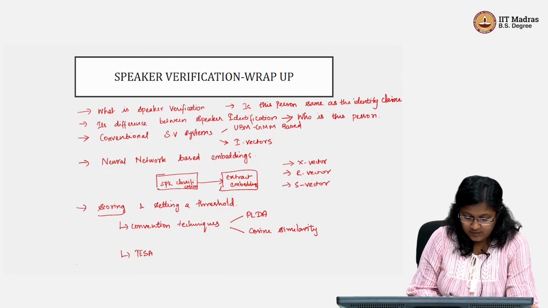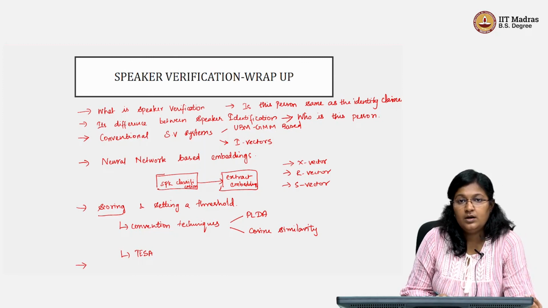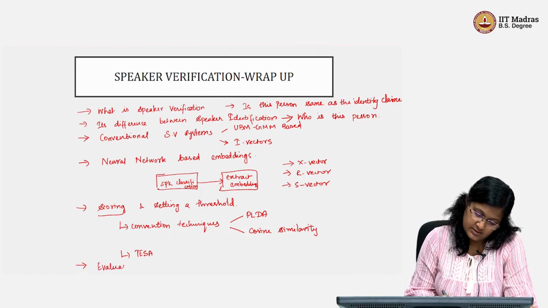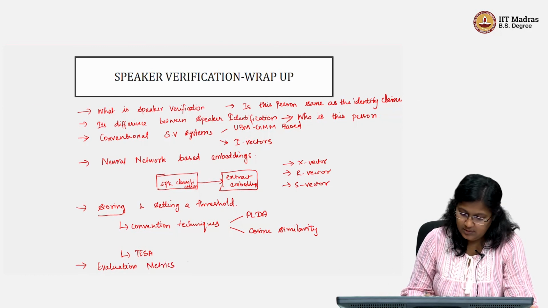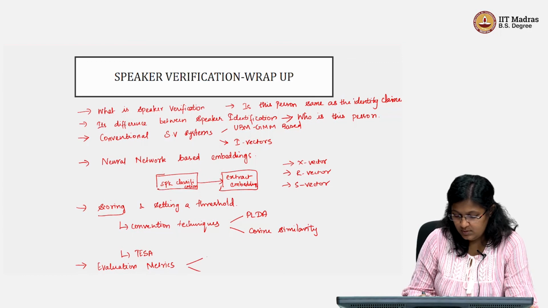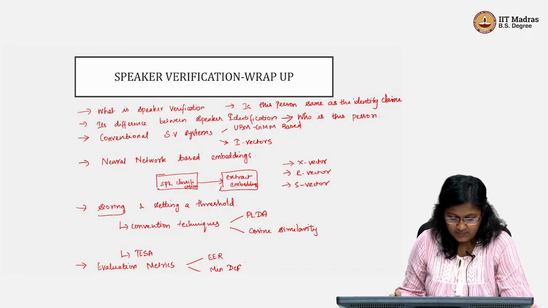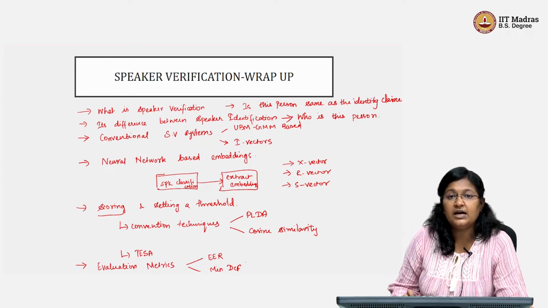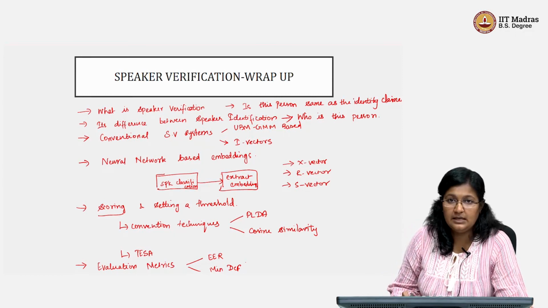And then once you have the scores, to say whether model A is better than model B or model B is better than model A, we saw some evaluation metrics. Okay. And under that we saw two, one is equal error rate EER and min DCF. Okay. So, this wraps up speaker verification. Next we will start with speaker diarization, where we will see the application of speaker verification too.